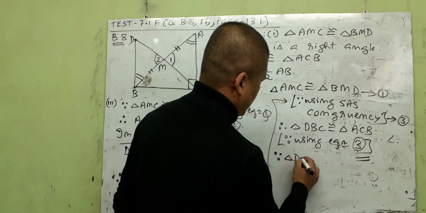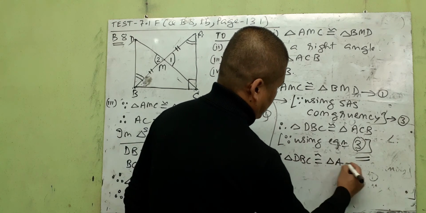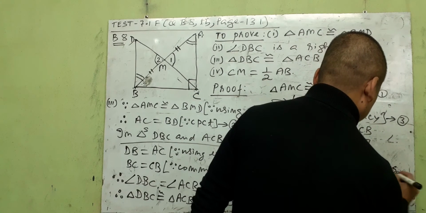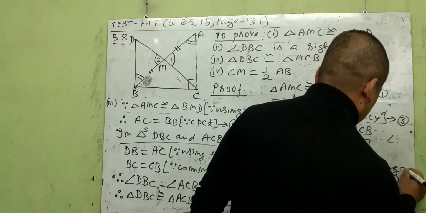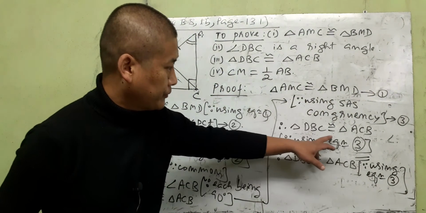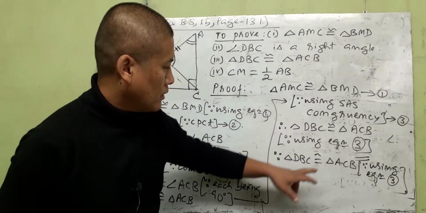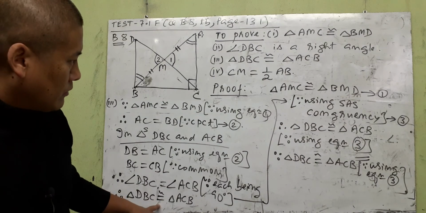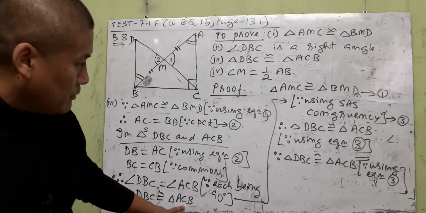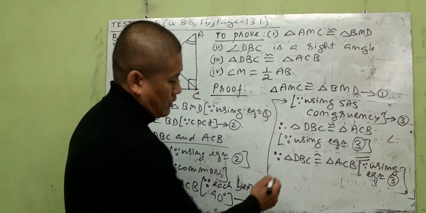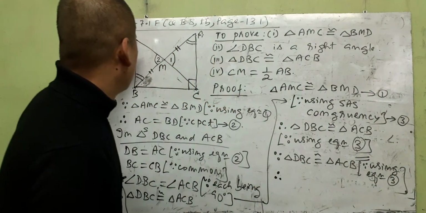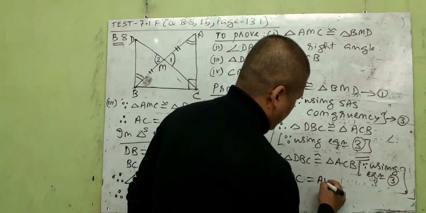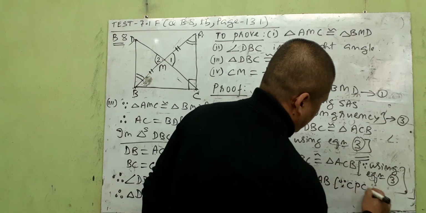Since triangle DBC is congruent to triangle SCB, using equation number 3, DC, the first and third letters, is equal to AB, the first and third letters, because of CPCT.